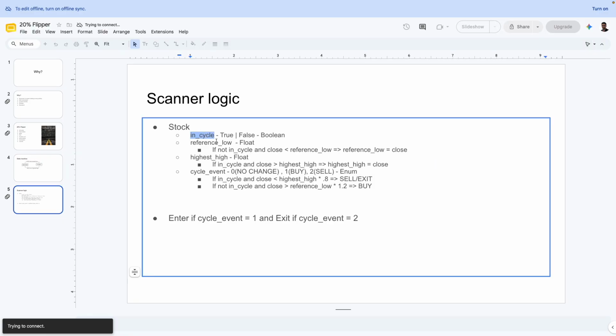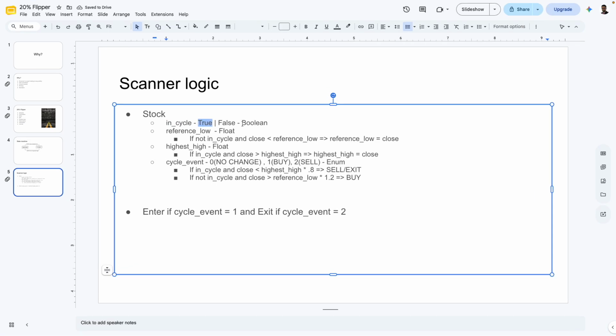So basically I have these four meaningful attributes that I carry to make sensible decisions. First, the state itself: is the stock in cycle. It is either true or false at any given point of time.